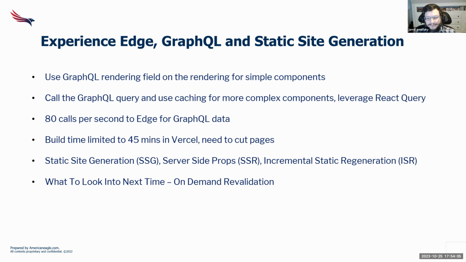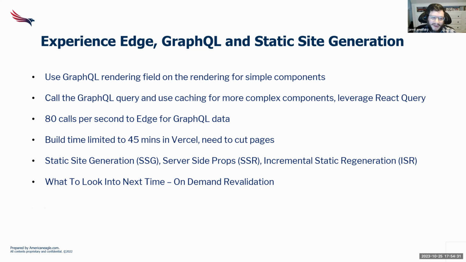So it could never statically generate all of the pages on all of our sites before it hit that 45-minute window in Vercel. So really what it comes down to is, how can we manage our time for this Vercel build in the 45-minute constraints, as well as our 80 calls per second to Edge for GraphQL restraints.